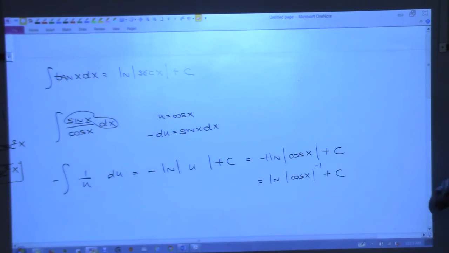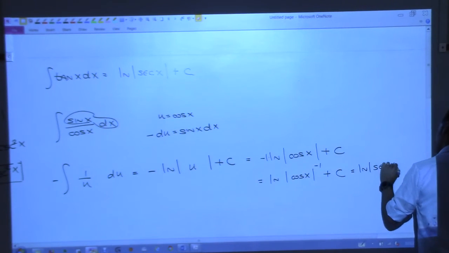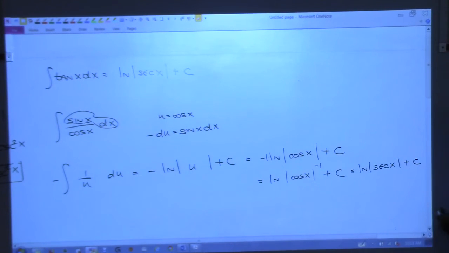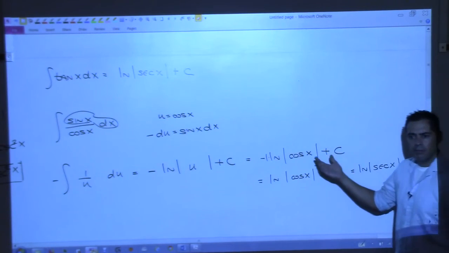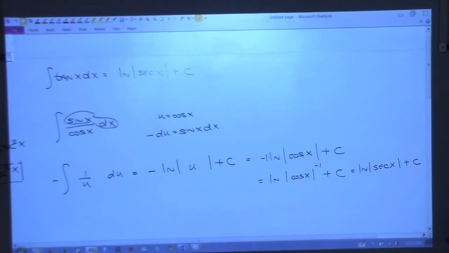And 1 over cosine is secant. So this is natural log of secant x plus c. Not so bad, right? Once you rewrite tangent as sine over cosine, it's just basic u substitution. I could have shown you all this as an example of u substitution a long time ago.